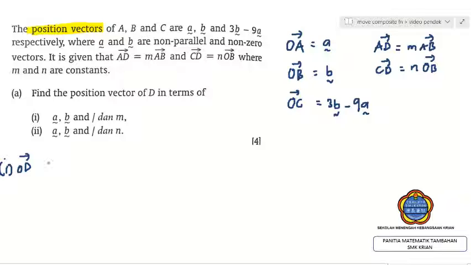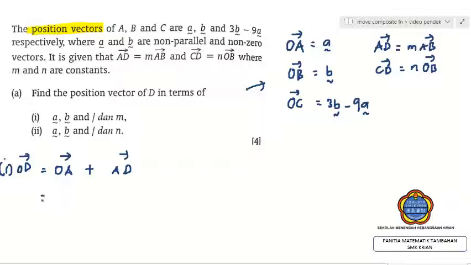OD you can make equal to an addition of two vectors, O to something plus something to D. Vector OD, try to relate with OA, OB, OC. The relation we can use is OA plus AD. If we use another letter, for example OB plus BD, we cannot get the answer because it has no relation with what is given in the question.